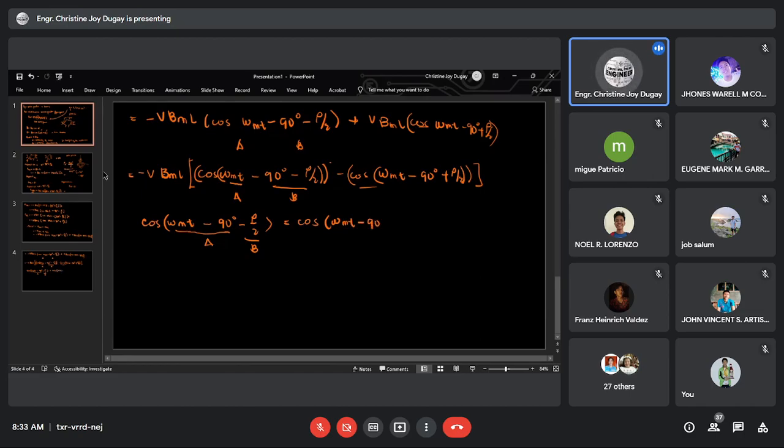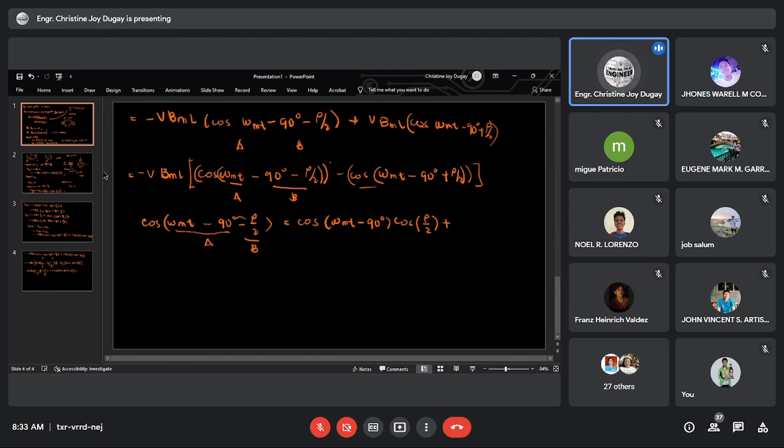cosine A natin that is equal to omega mt less 90 degrees. And then cosine B, that is rho over 2. And then ang magiging sign natin dito, since this is negative, gawin natin siyang positive.